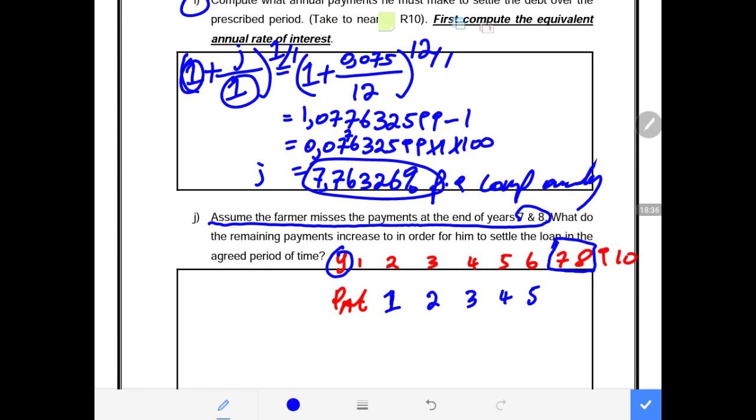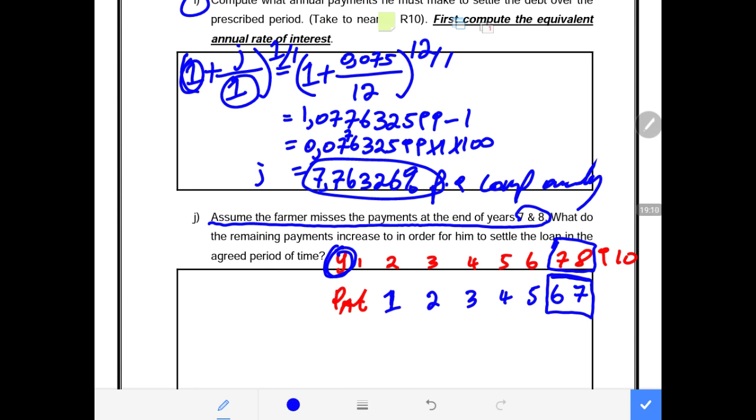But when he missed the payment for year 7, that was payment number 6 that he missed, and payment number 7 that was missed. I want to highlight that. Payment number 6 and payment number 7 were missed, but they were in year 7 and in year 8 according to the number of years from the date the farmer borrowed the loan from the bank in order to build his dam on his farm.